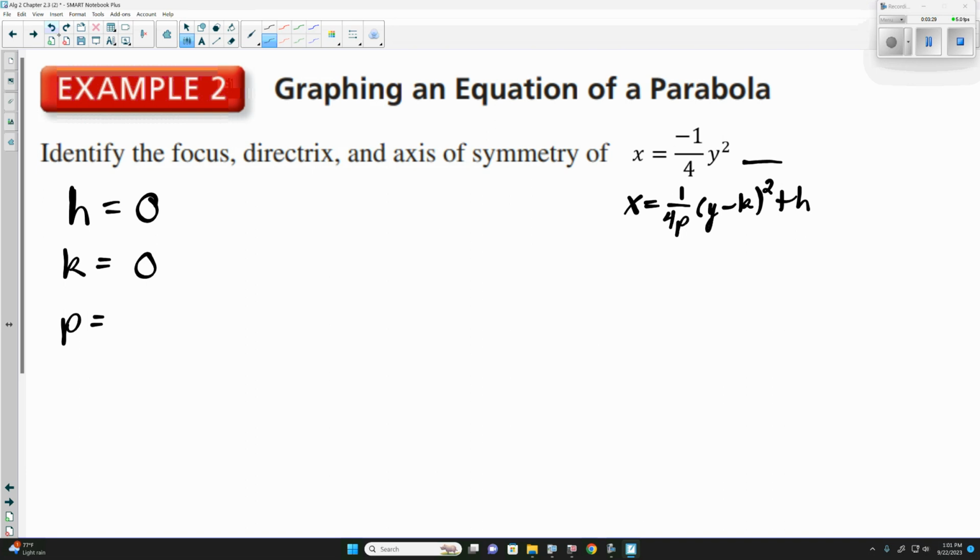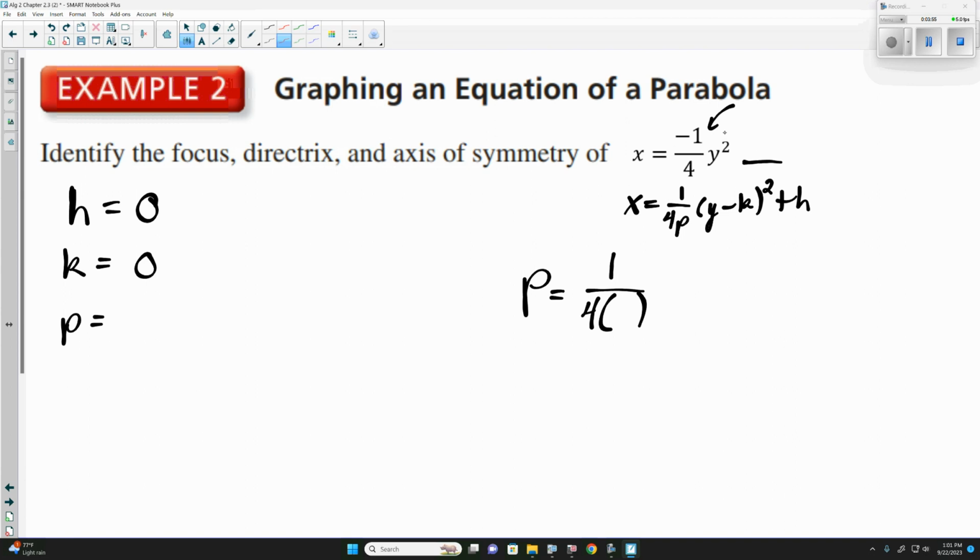Now the only other value we need is p. The next part has become way easier, because y'all informed me of a better way to do this. We can take p and set it equal to 1 over 4 times whatever the value in front of the squared term is.